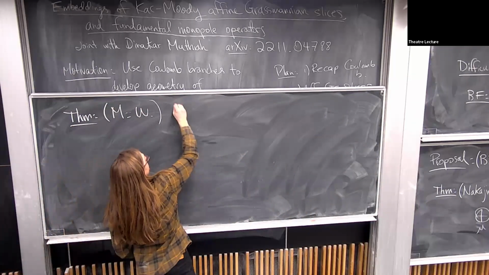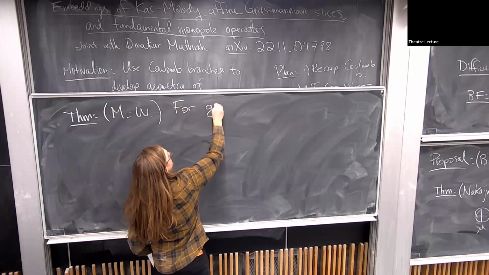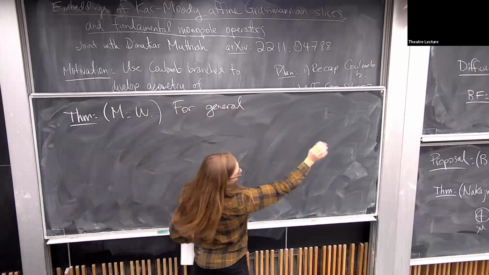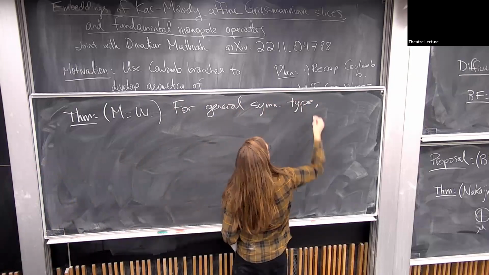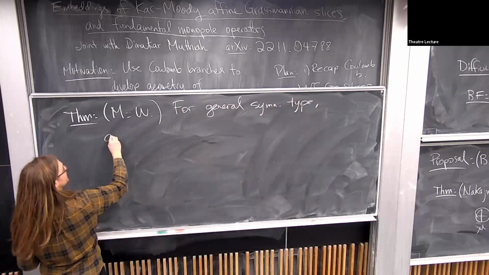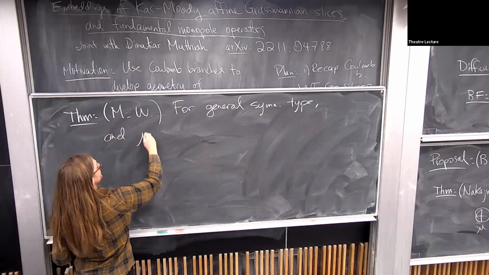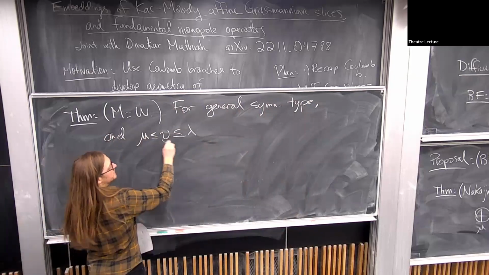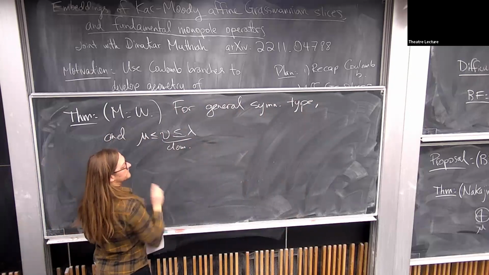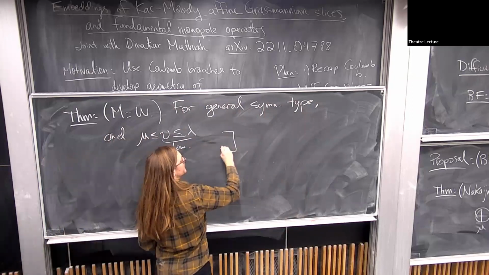So for general symmetric type, choose data as before. That's to say mu, nu, lambda, where these are dominant. Then there exists a closed embedding.